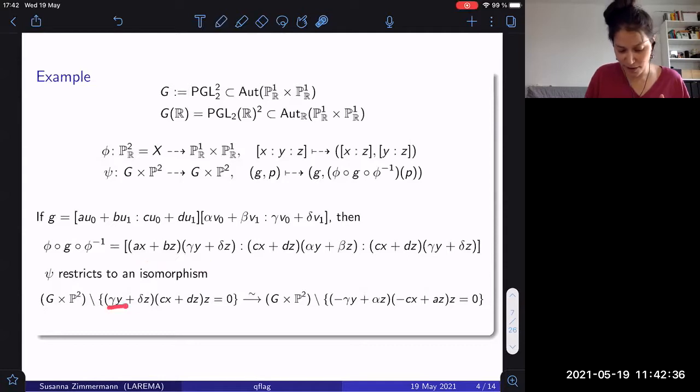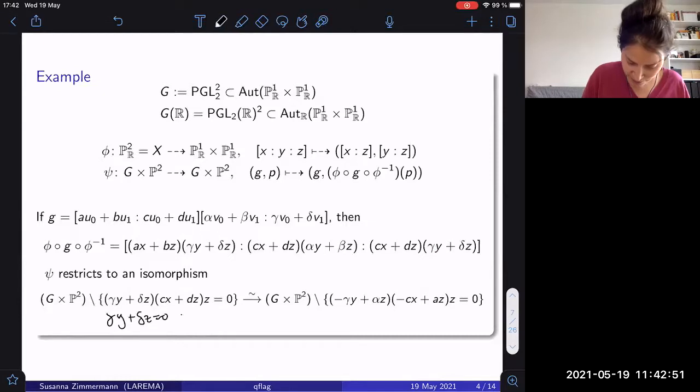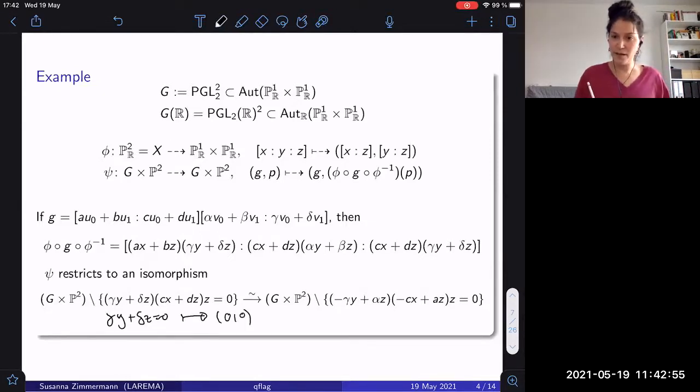So this line, if it's equal to 0, is contracted onto a point, onto (0, 1, 0). So gamma y plus delta z equal to 0 is contracted onto (0, 1, 0). This means that this map is not an isomorphism on this line.